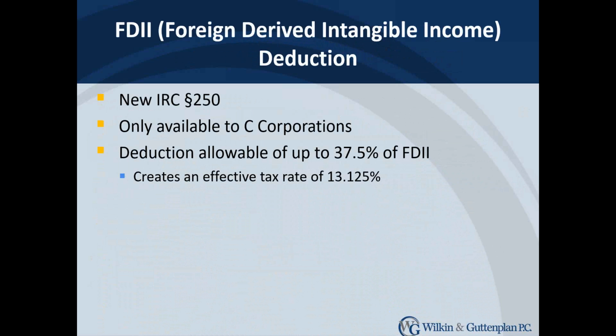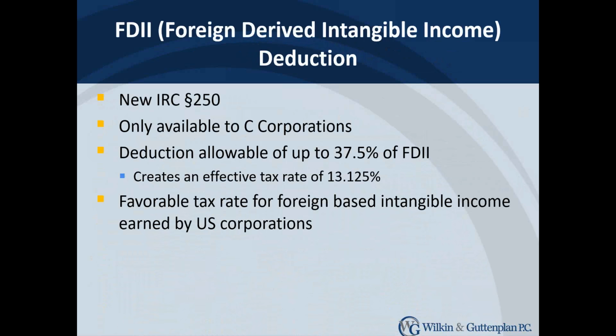This 37.5% is only good through 12/31/2025. Then it goes down to 21.875, and correspondingly, the GILTI deduction goes down to 37.5% at that date as well. It creates a favorable tax rate for foreign-based intangible income earned by U.S. corporations.